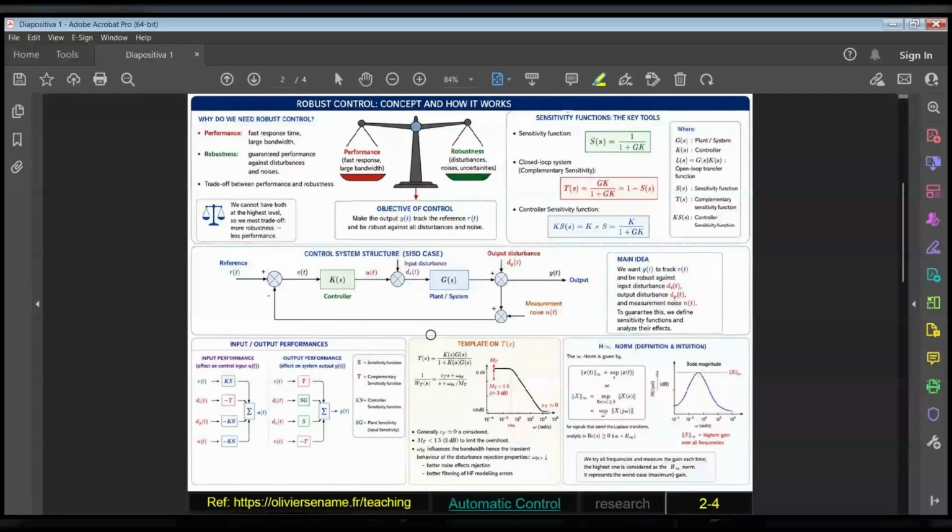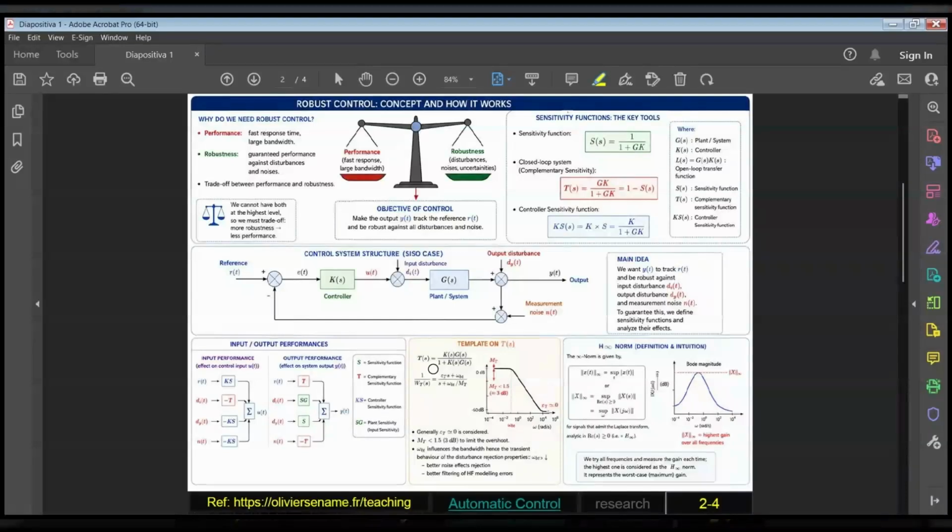The complementary sensitivity function is T equal to L over 1 plus L, which represents the closed loop behavior since T is equal to 1 minus S. So both functions are directly related from an input to output point of view.